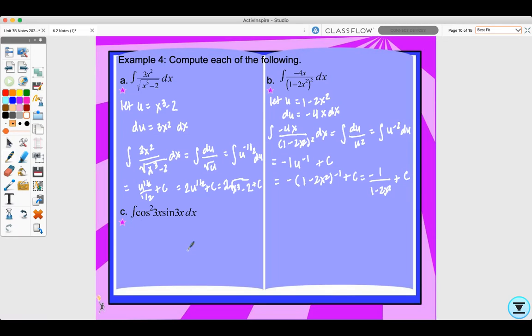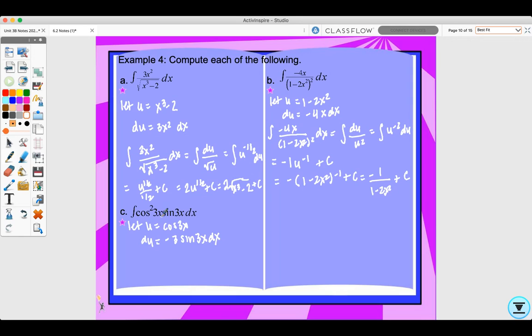And letter C, cosine squared 3x sine 3x. I have a squared here, so that's like cosine 3x all squared. So I'm going to let u equal cosine 3x. So du would be negative sine 3x times 3, so negative 3 sine 3x dx.